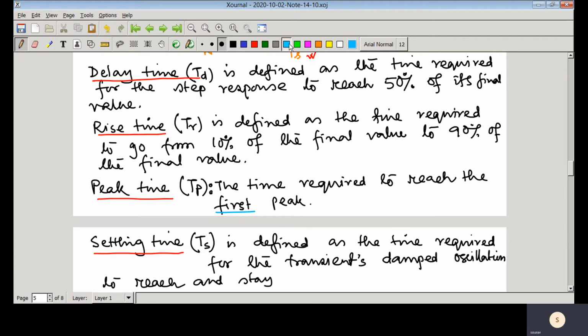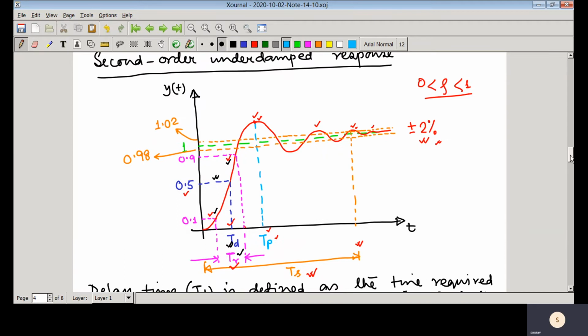The reason is you can see that here also the response reaches the band but does not stay inside that plus minus 2% band, because after some time it goes out again.